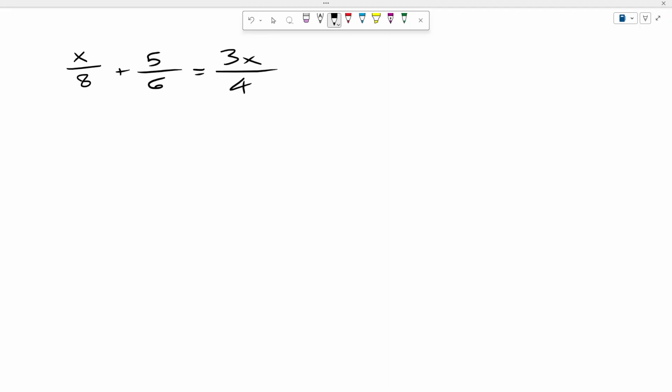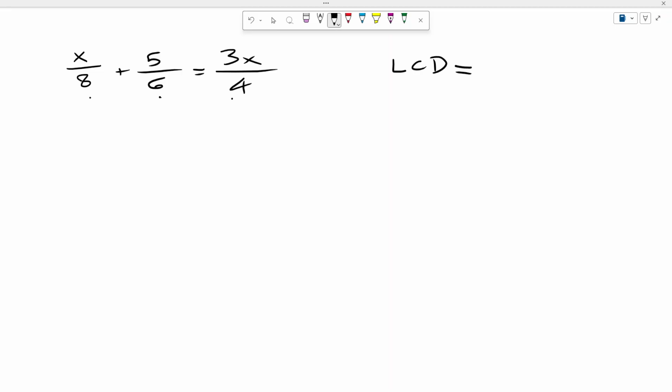Alright, so now we have fractions, so let's figure out an LCD so that we can get rid of those. So we have 8, 6, and 4 in our denominators. So what could we use? What do those all go evenly into? Smallest number.